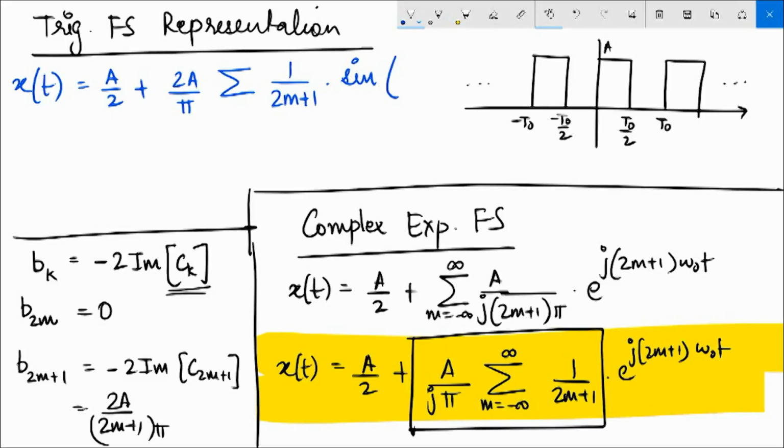Because this term is for all the odd case, m varies from 0 to infinity.